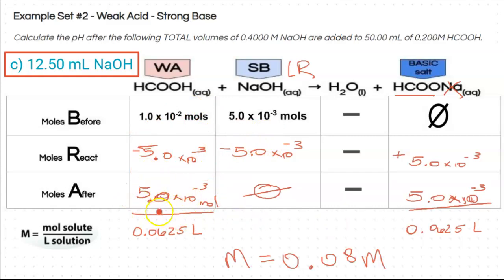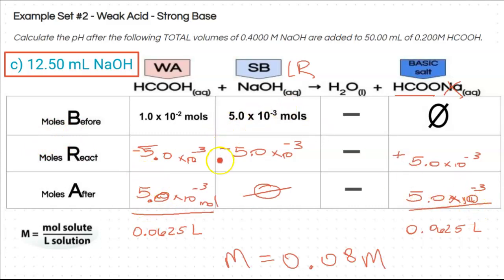I have formed equal amounts of conjugate base. So anytime that you have the same number of moles of your weak species and its conjugate, you are at the half equivalence point, and that is the ideal buffer because that's the maximum of both species that you could have.